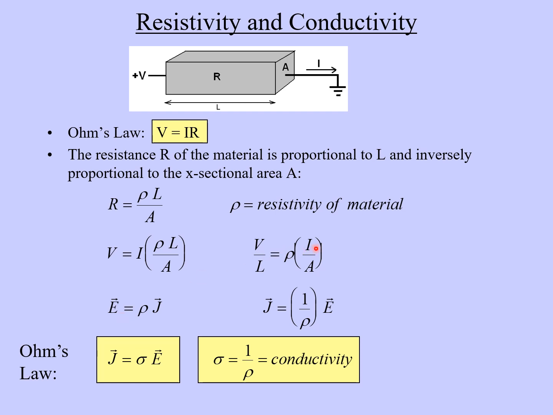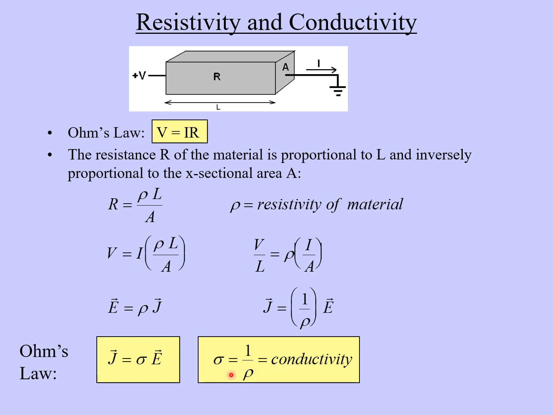Likewise, current per unit area, I over A, is J, which remember is current density. So this simplifies to E is equal to rho times J. If we solve this for J, we can divide both sides by rho. We get J is equal to 1 over rho times E. And 1 over rho, 1 over the resistivity, is called the conductivity, which is given by the Greek letter sigma.